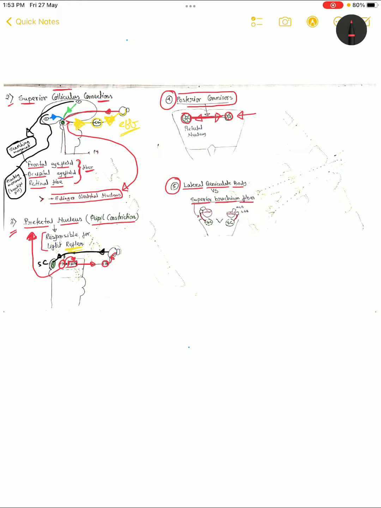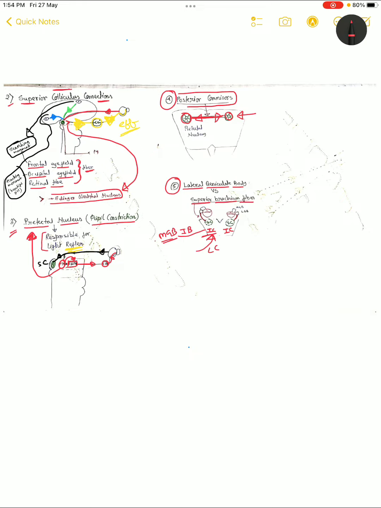Before that, let's remember we have here inferior colliculus. If you guys remember, we just talked about a lateral lemniscus, then we talked about it releasing an inferior brachium fiber, then medial geniculate body, right? Something like that, which is associated with hearing.